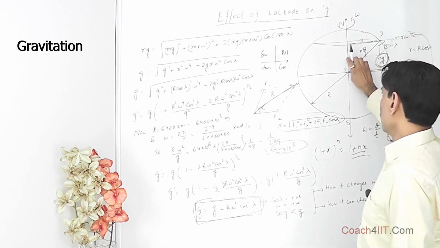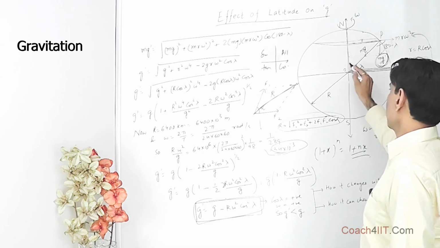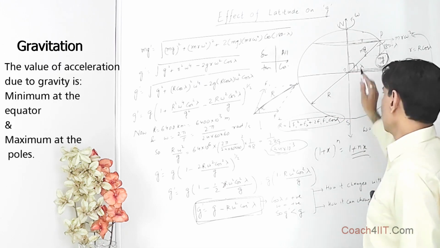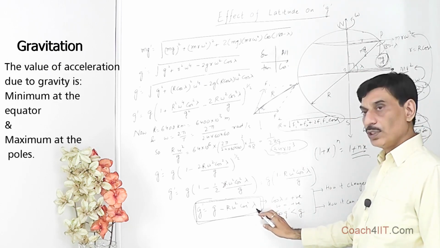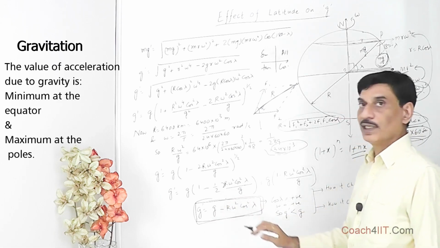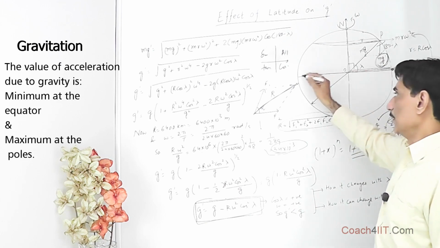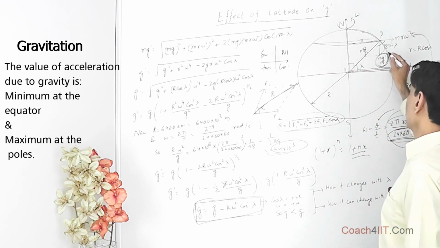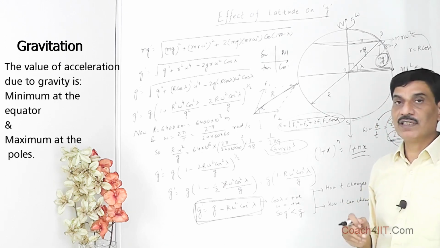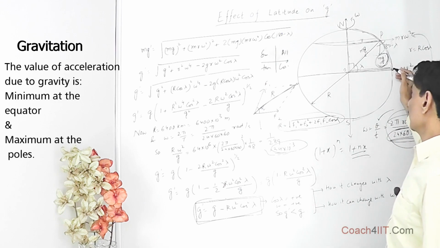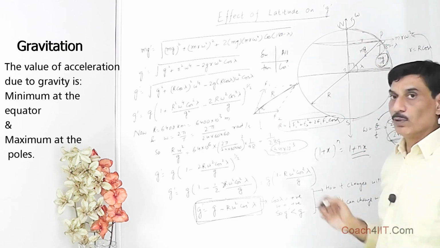As it becomes pi by 2 radian, the particle makes an angle of 90 degree with the equatorial plane, so cos lambda is equal to 0, and g dash becomes equal to g only. That's why g is maximum at the poles and minimum at the equator. So from the equatorial plane, when we move towards any of the poles, the value of acceleration due to gravity increases. G dash is minimum at the equatorial plane and maximum at the poles.